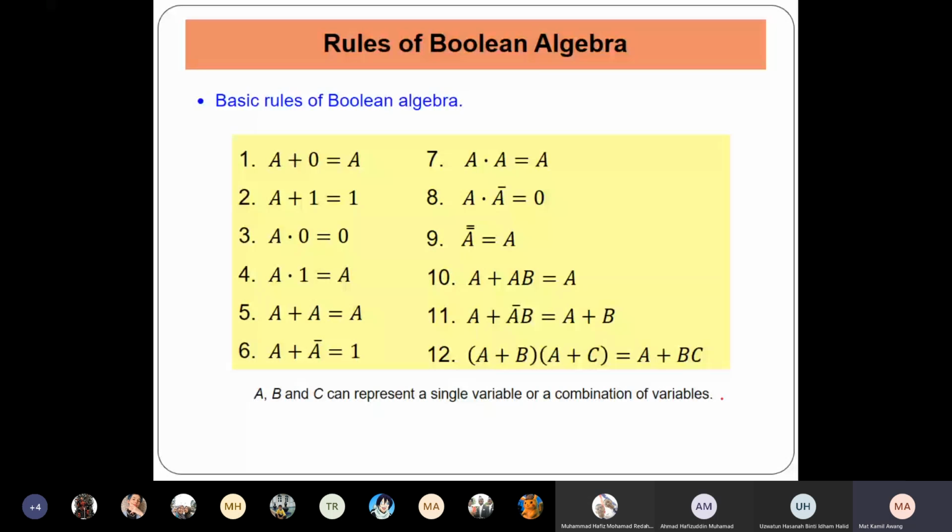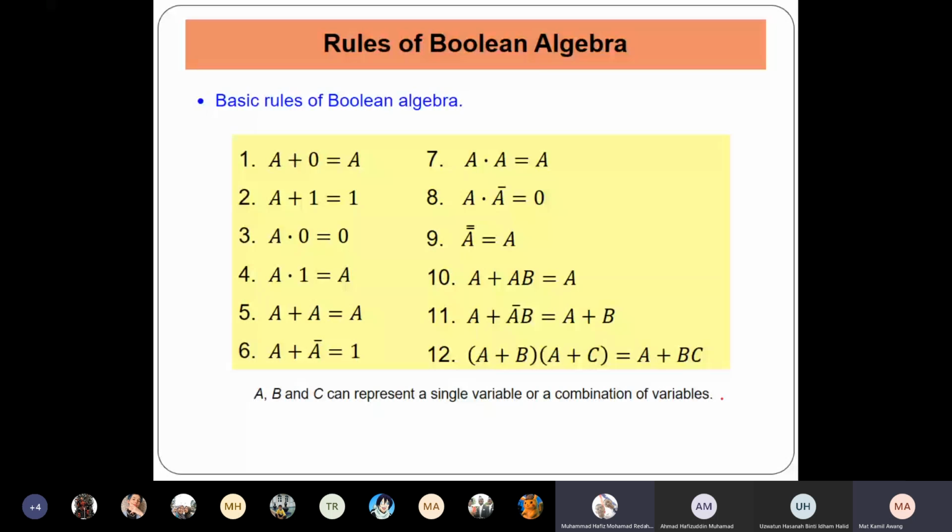So number 6, do you need clarification on the number 6? A or A bar equal to 1. Can you imagine that one? A can be 0 or 1.